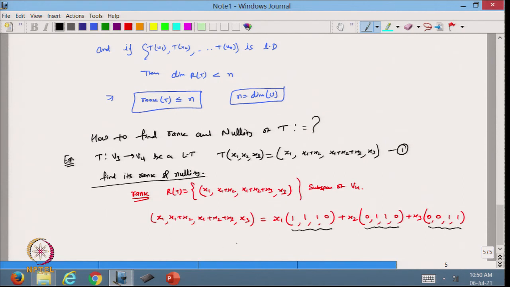Now, from here I can say that my range space R T is spanned by these vectors.